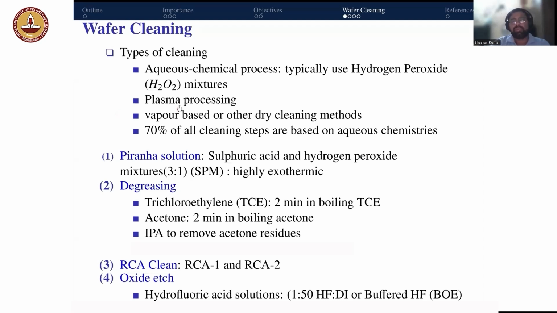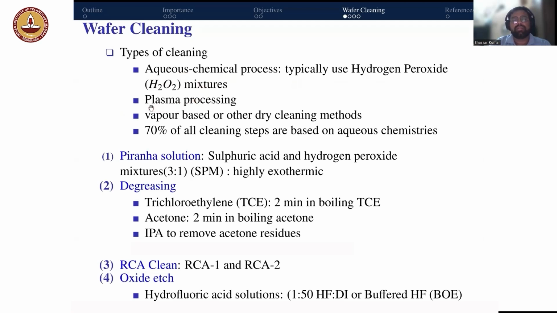Okay, so now we move to the wafer cleaning step, and we'll see what the different types of cleaning used in the semiconductor fabrication industry are. The first is the aqueous chemical process, which is based on aqueous chemistry, typically using hydrogen peroxide mixtures.